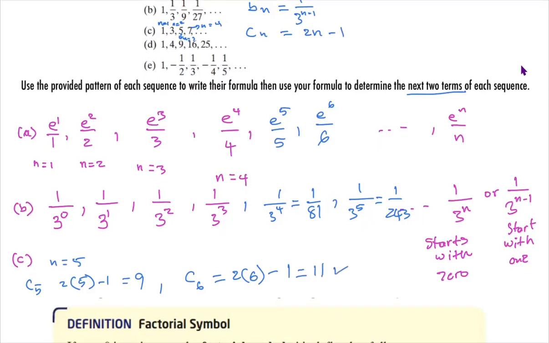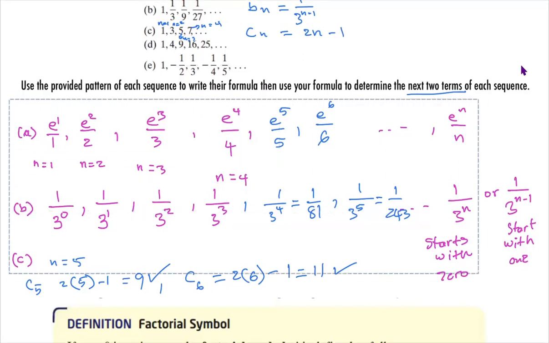So this is the correct pattern; the formula 2n minus 1 kept the pattern going. If you find another formula that keeps the pattern going the same way it started, then that can also work. Next problem, D.